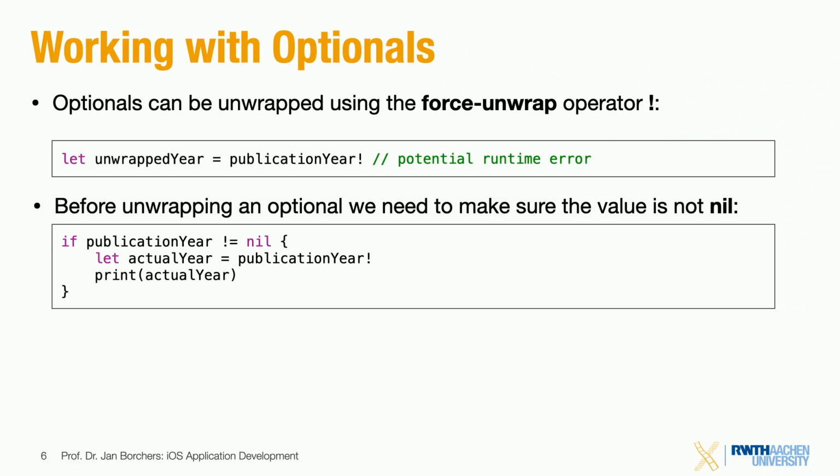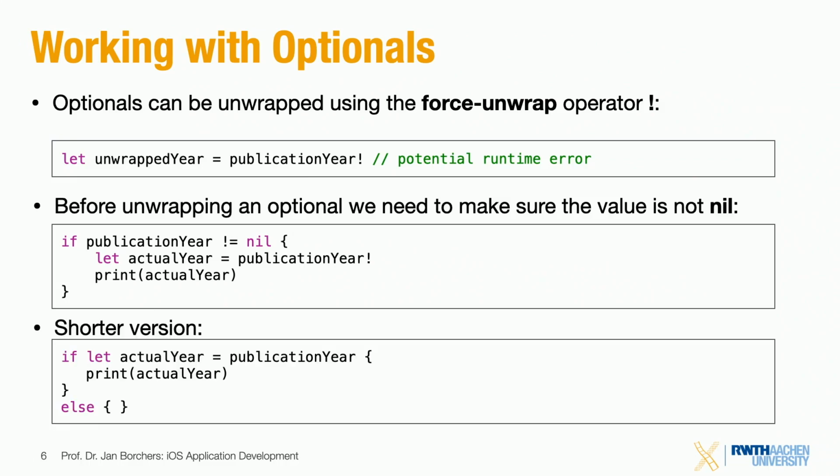But since it's so common in Swift that you're using that, there's a shorter version that you will use a lot, and that is with this if-let syntax. So you specify if-let the actual year is set to the publication year. Notice you don't need the exclamation point here. And then print out the actual year, or if that doesn't work, then do something else.